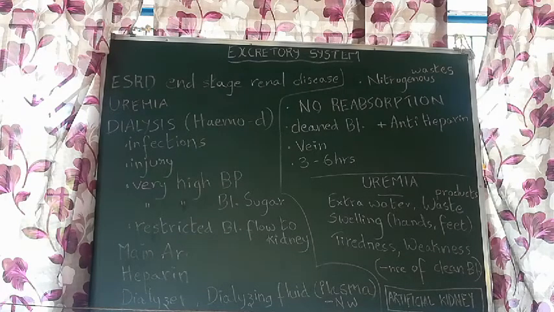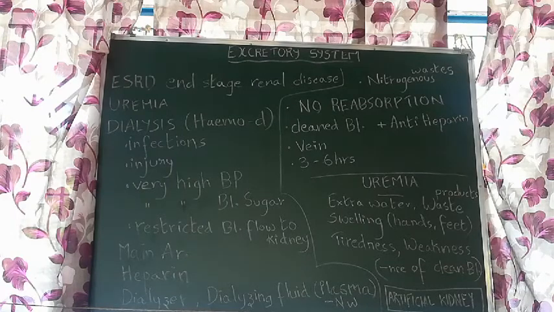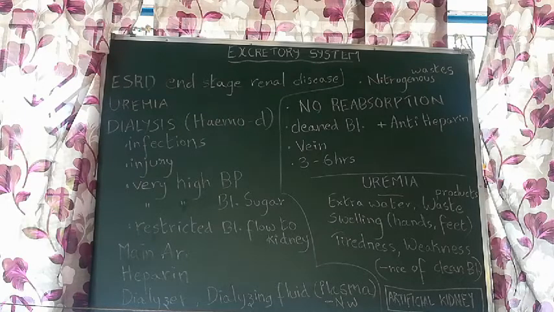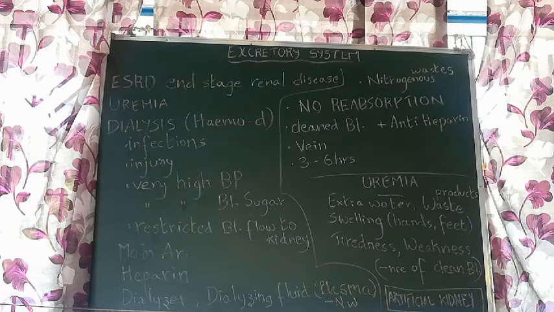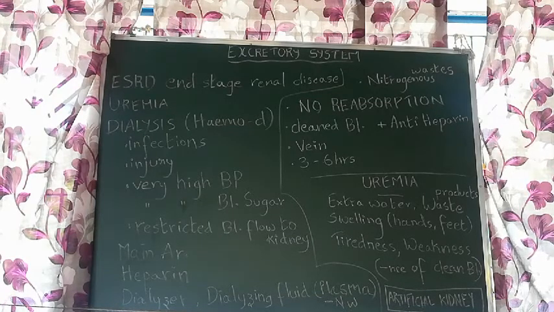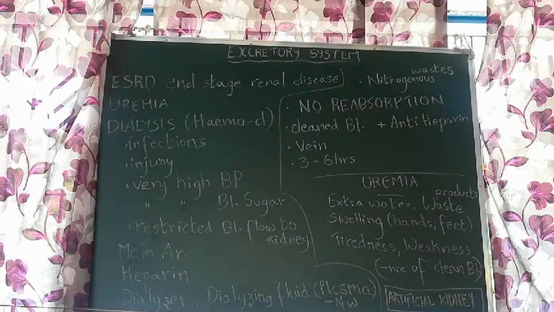Now we will see how this dialysis is performed. When the patient enters the hospital, his blood is collected from a main artery in his body, and that blood is added with an anticoagulant.